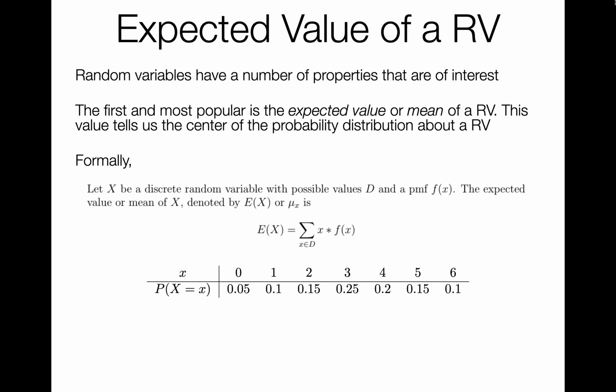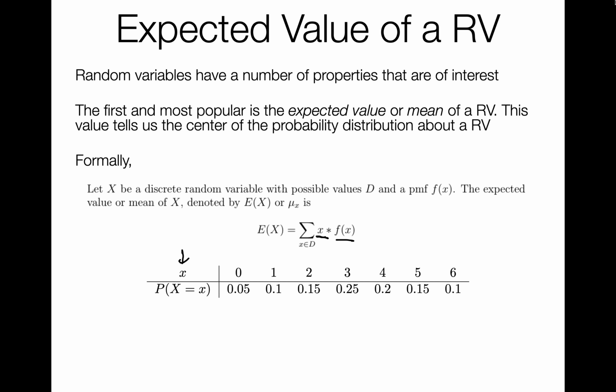Okay, so the expected value says I'm going to take each outcome value, and that x corresponds to this x. So each outcome, and multiply it by the value of the PMF of that outcome.